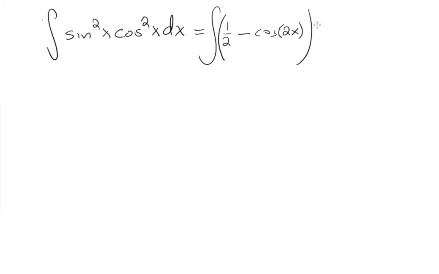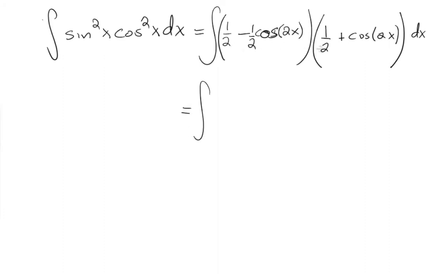And then what's cosine squared? 1/2 plus 1/2 cosine of 2x dx. And if you multiply this out, what would that equal? 1/4 minus 1/4 cosine squared of 2x.